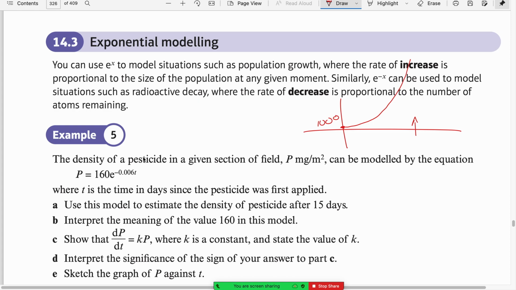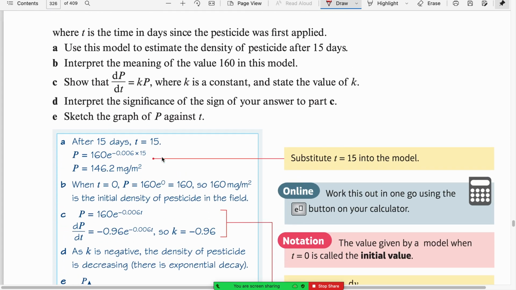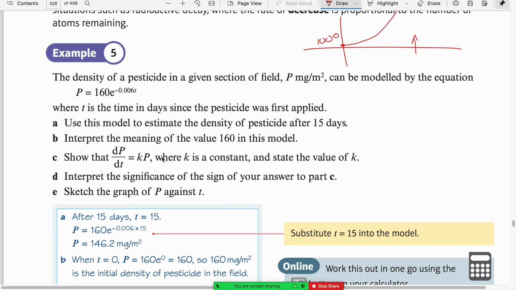So exponential modeling, for example, if I say that this one microbe would split into two, and then these two will split into two more, then they will split into two more, and so on. So this is an exponential increase.